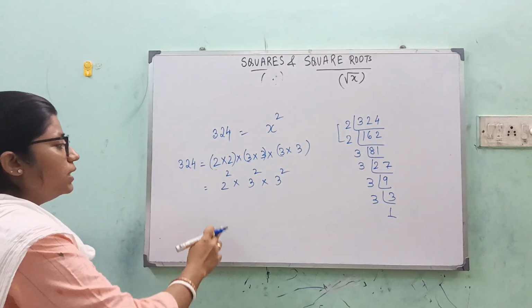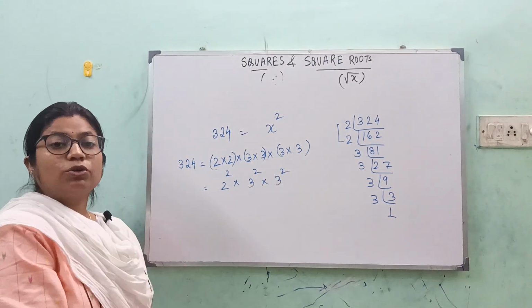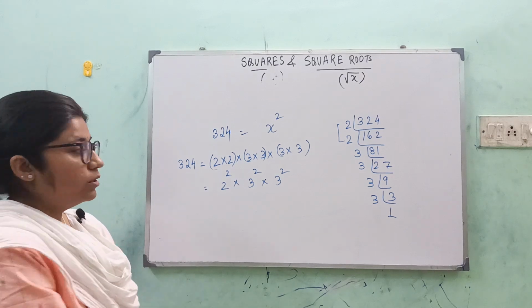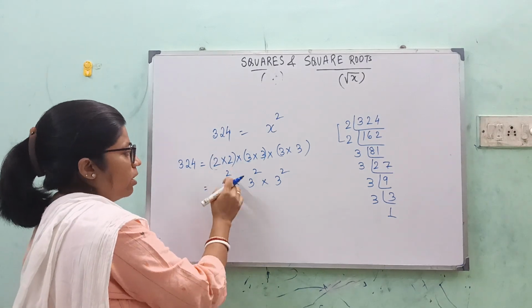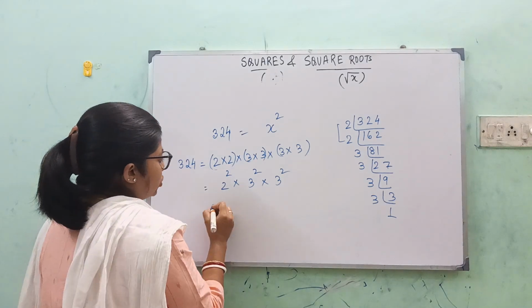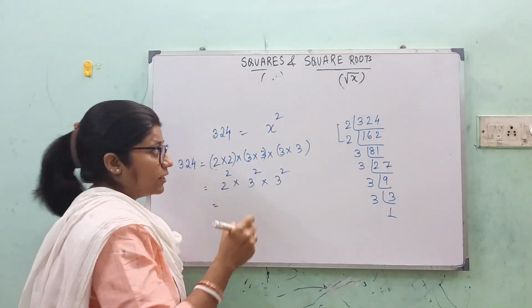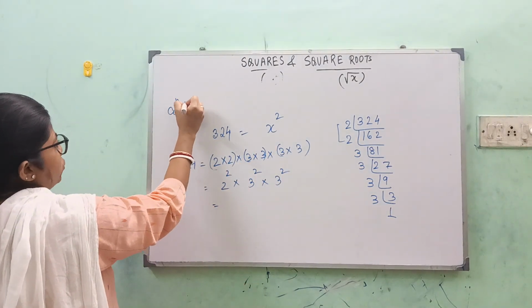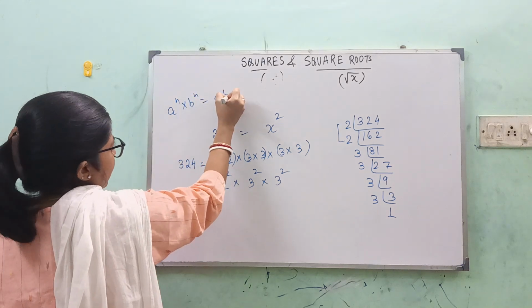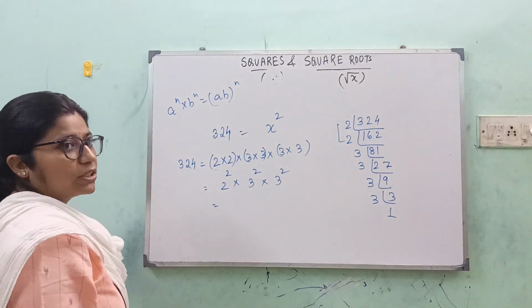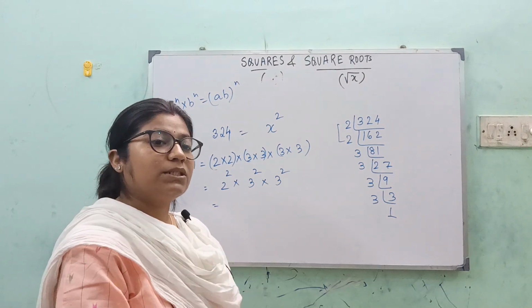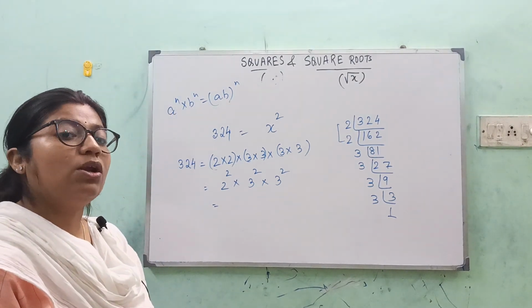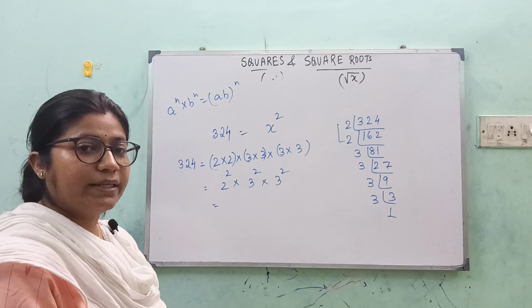So see, each of these prime factors could be written in the form of a pair. Now we have learned laws of exponents, which says a to the power n into b to the power n is equal to ab whole to the power n. If you are not comfortable with the laws of exponents, please go back to the videos based on laws of exponents. The chapter has been done over there.